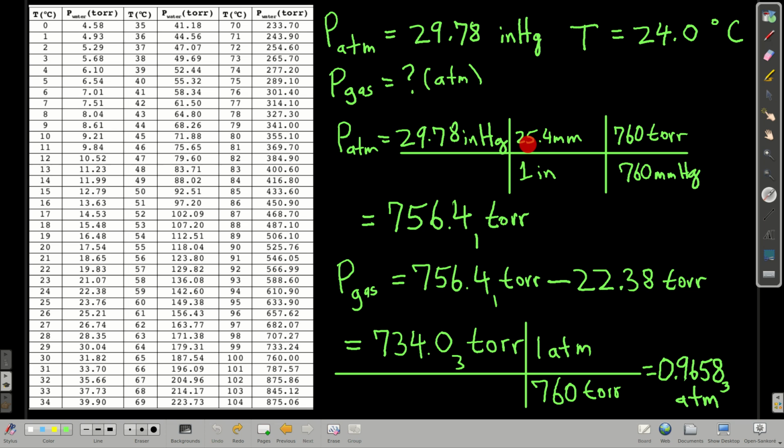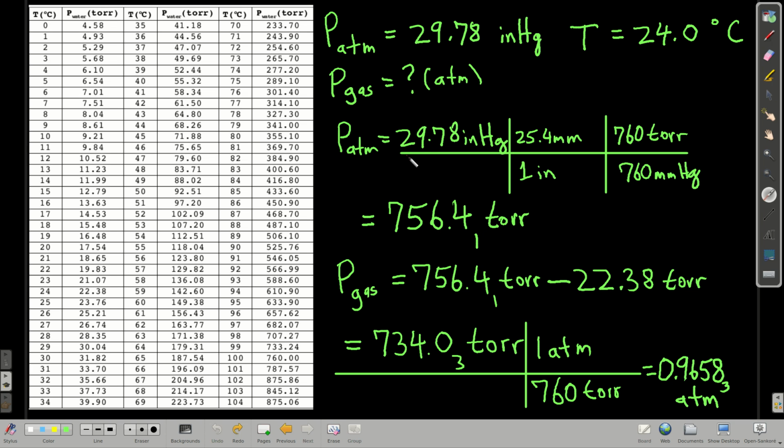Now remember, there's 2.54 centimeters per inch, which is the same as 25.4 millimeters per inch, and this is an exact conversion. Also, 760 torr is the same as 760 millimeters of mercury, which is also exact. So this number right here is the only one with limiting sig figs, 4 sig figs. Anyway, do the math, and it ends up the atmospheric pressure is about 756.4 torr.